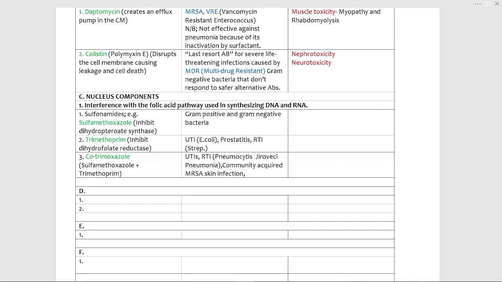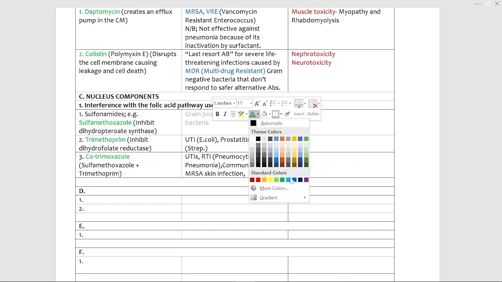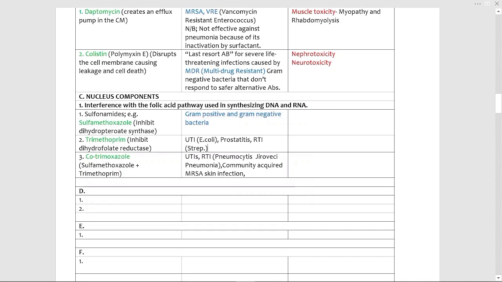They're also used prophylactically against various conditions, and they can also be used against complicated and uncomplicated UTIs that I've mentioned. So these are some of the indications when it comes to using either the sulfonamides, the trimethoprim, and the cotrimoxazole. Let me just highlight it in blue. I hope till there we are together.